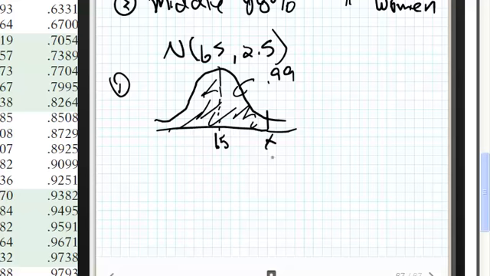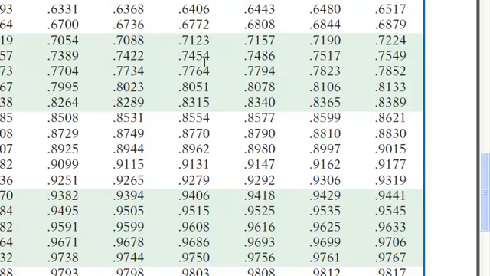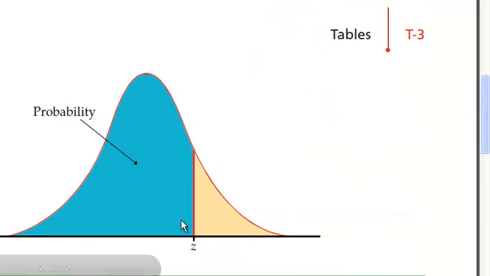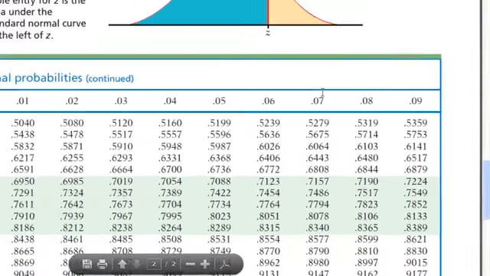Now, I don't have a chart for women's heights. Let's change colors, it'll be more fun. All I have is this silly little Z chart over here. However, remember, 99th percentile implies that 99% of everybody is in this probability region, not the Z-score. These are Z-scores on the left column and the top row.